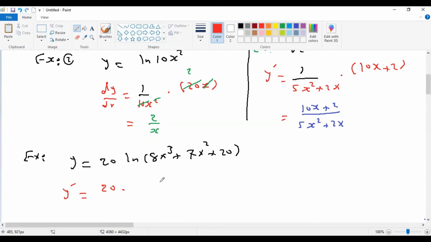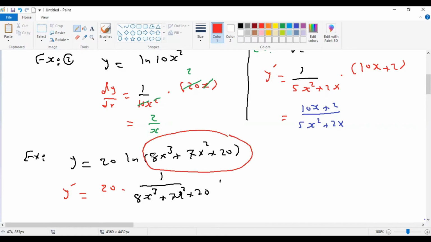So 1 times 1 over u, so 8x cubed plus 7x squared plus 20, times the derivative of u. What is the derivative of this? 3 times 8 is 24, minus 1, so 24x squared plus 14x plus 0. So now we multiply this by 24x squared plus 2 times 7, 14x plus 0.